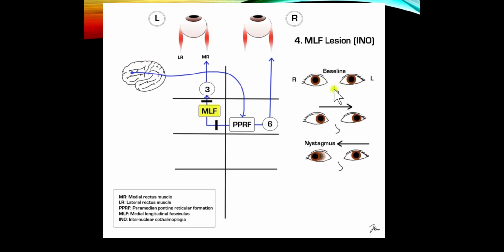Now the patient is looking at us. Okay, so just looking straight ahead, you don't notice too much. When the patient looks to the left, no problem. But now, when they try to look to the right, notice that the problem is with the left medial rectus. When they try to look to the right, the left eye can't look towards the nose. Okay, the brain doesn't like double vision.